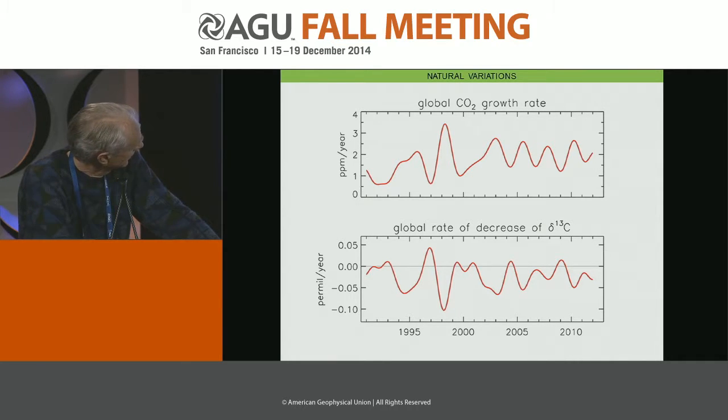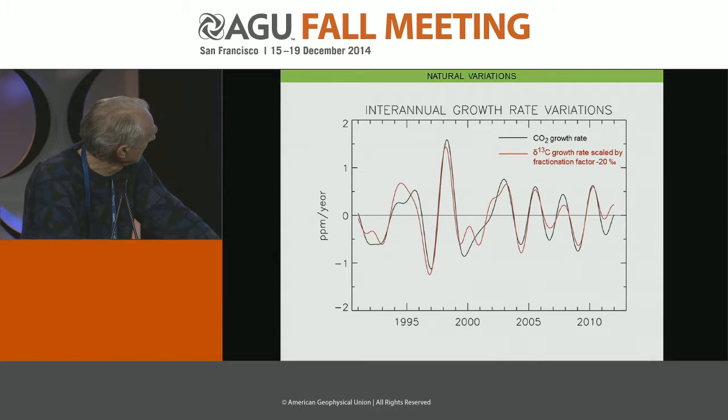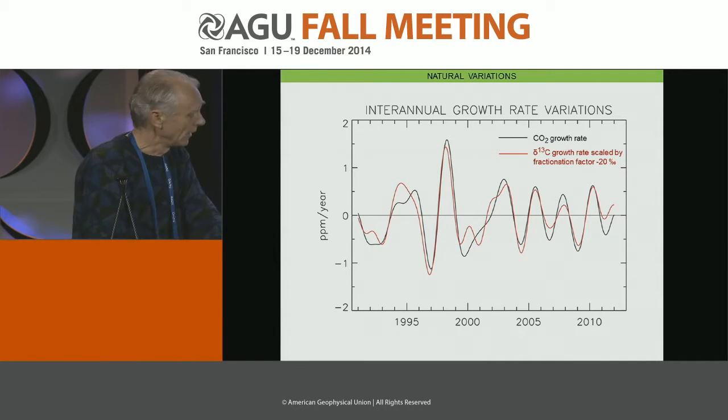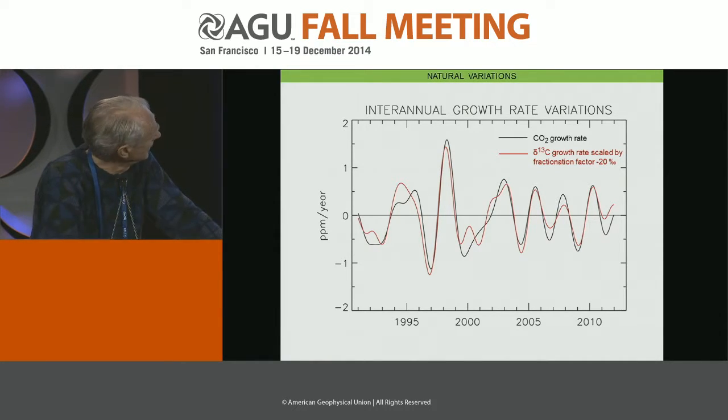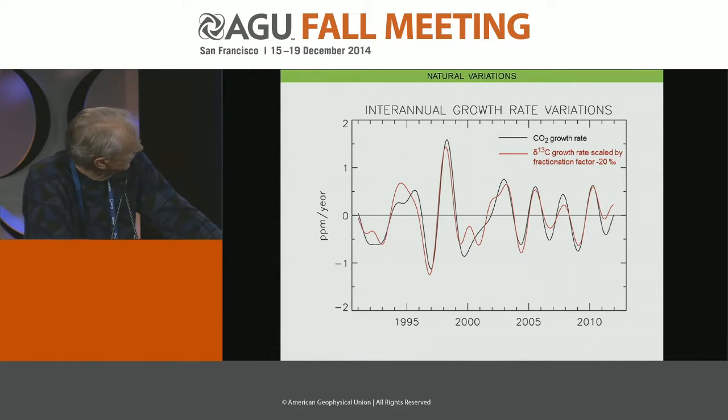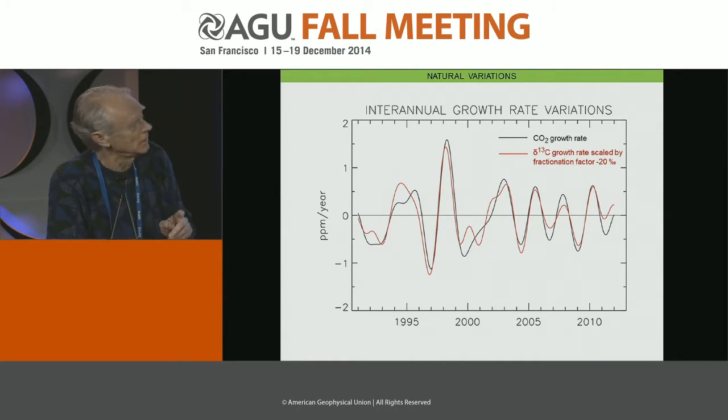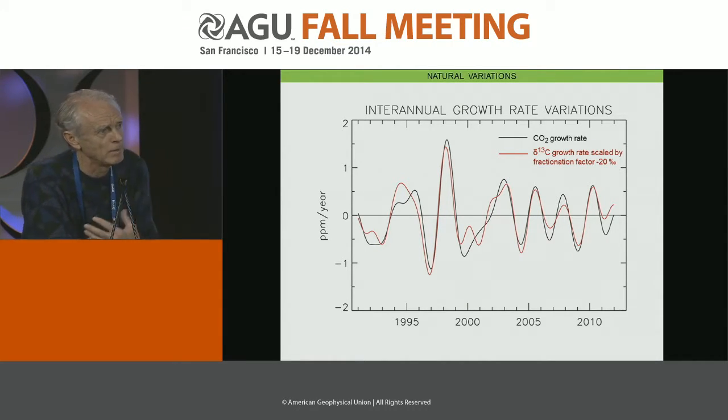So let's go one step further with this. If I take away the long-term trend of the growth rate, so the minus 0.03 per mil, and the 2 ppm rate of increase of CO2, and I plot the CO2 curve, the interannual variations of the growth rate in black, I can overplot the interannual variations of C13 in red, but scaled by a fractionation factor of 20 per mil, and they pretty much overlap.